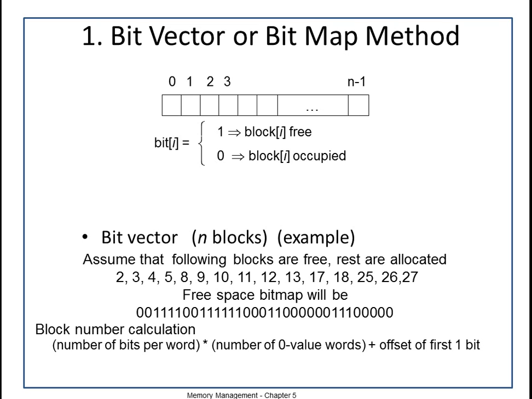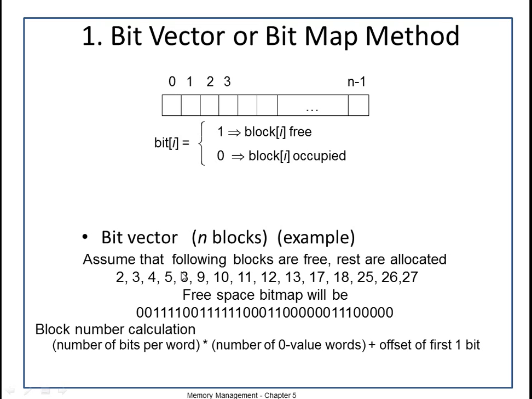If the block is free, we will indicate it by 1, and if the block is occupied, we will indicate it by 0. Now if the disk size is larger, then this bitmap size will also become very large.